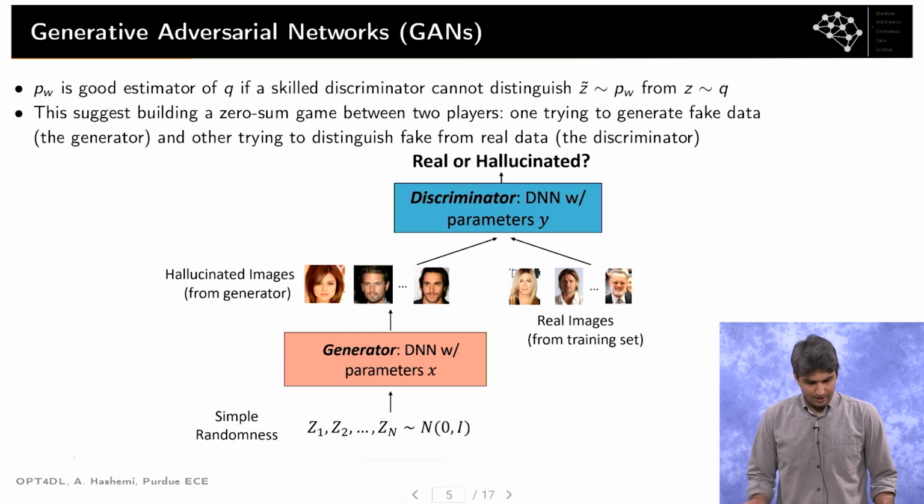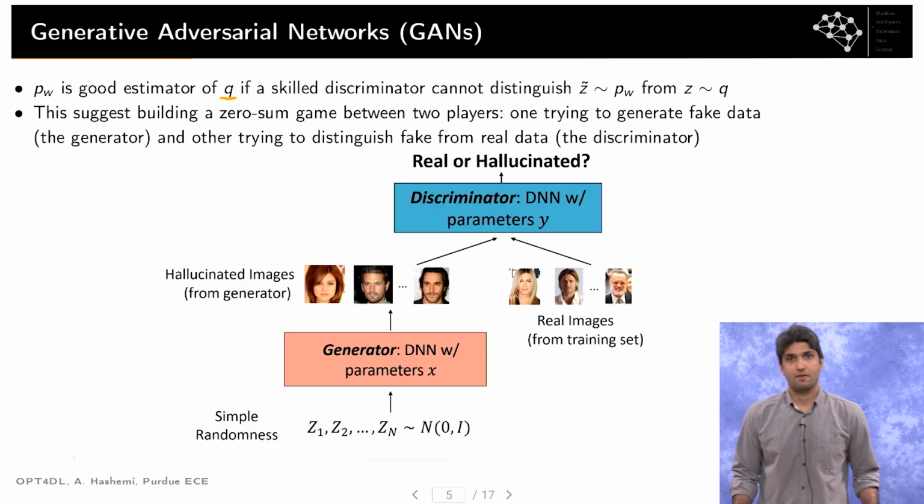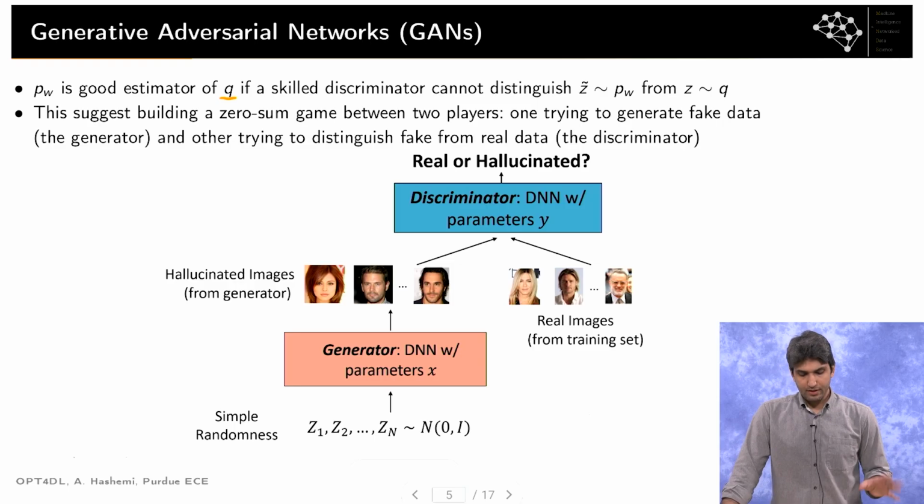The idea is that if I think of P_W as a good estimator of Q, it is a good estimator if a skilled discriminator cannot distinguish samples coming from the true underlying distribution Q from samples generated by our parametric approximation P_W.